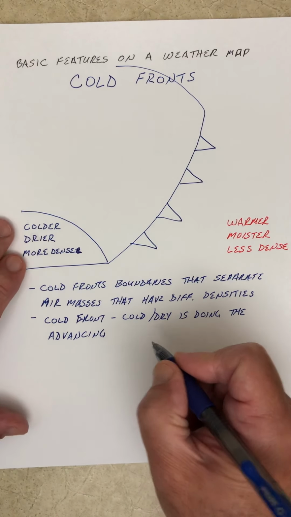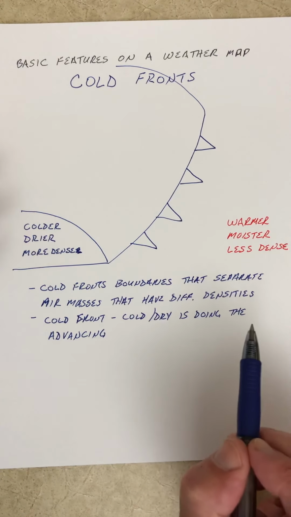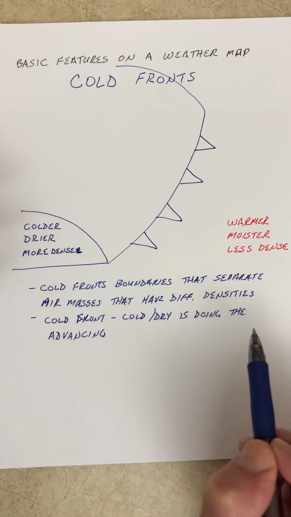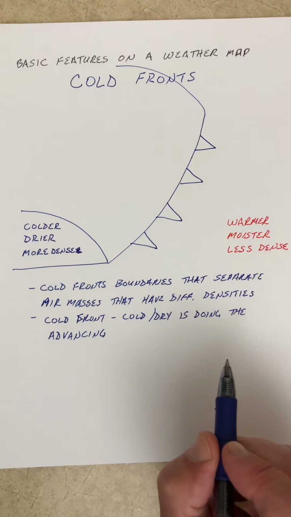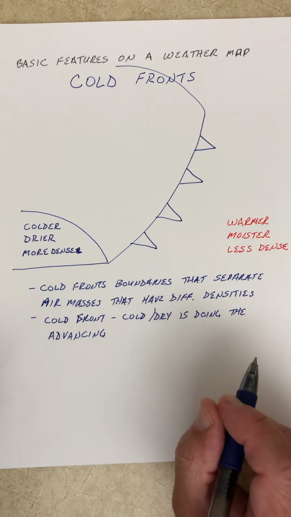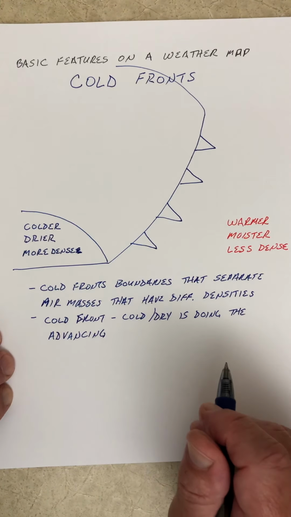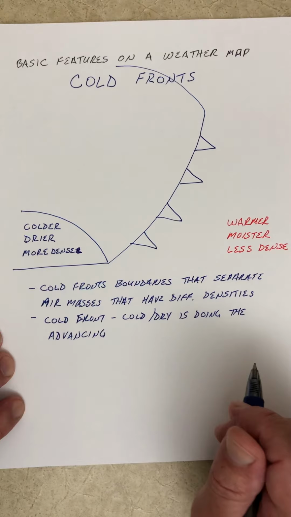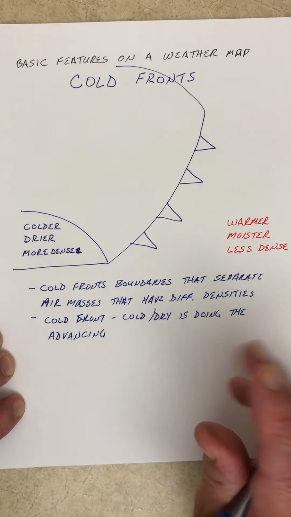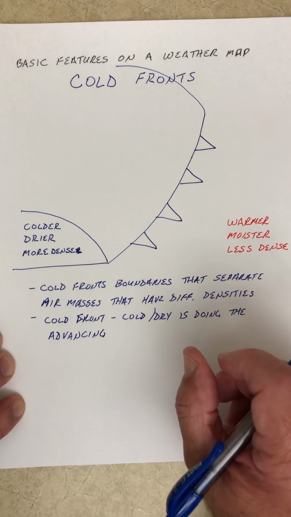Okay. Now, these air masses that have different densities, they don't mix well because of those different densities. An example would be if you go to the grocery store and you're looking for Italian salad dressing, the oil and vinegar type. If you look at the bottle and you take it off the shelf, you notice that the oil is floating on top of the vinegar.